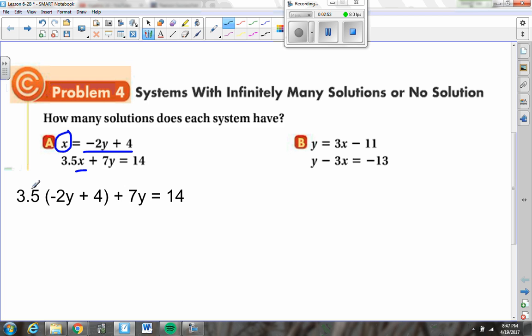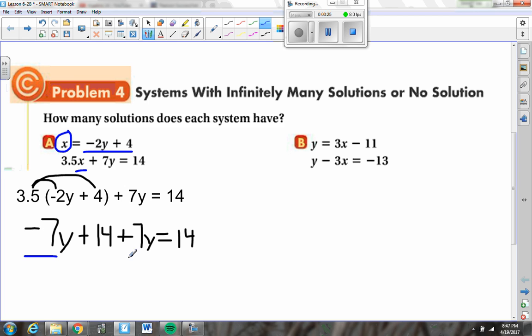I'm going to use the distributive property and see what happens. 3.5 times negative 2 is negative 7y, plus 3.5 times 4, which is 14, plus 7y equals 14. Now I can combine the like terms on the left side. I see a negative 7y and a plus 7y, and I'm going to add those together.